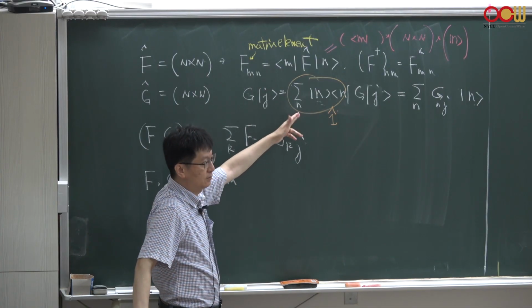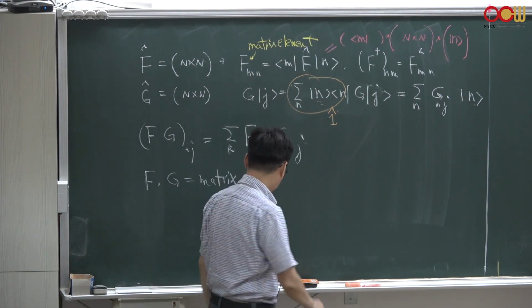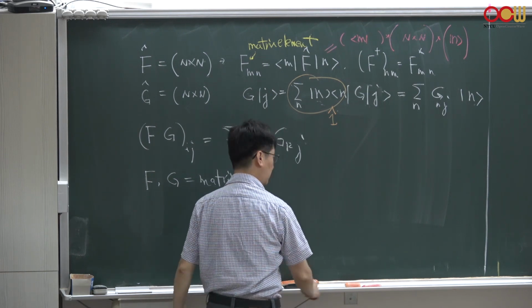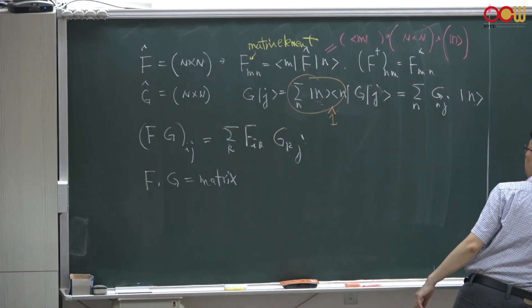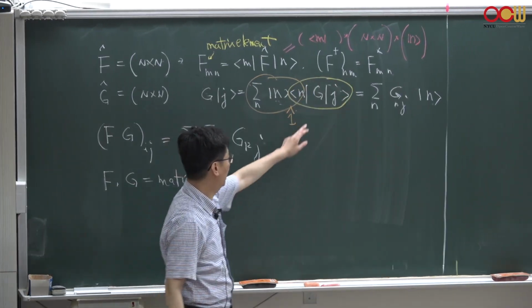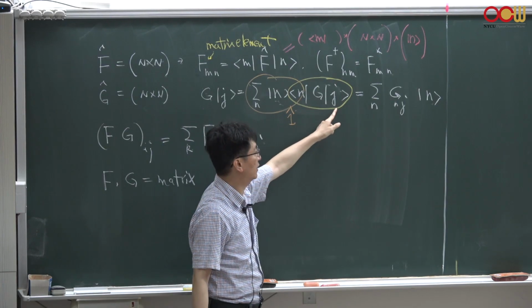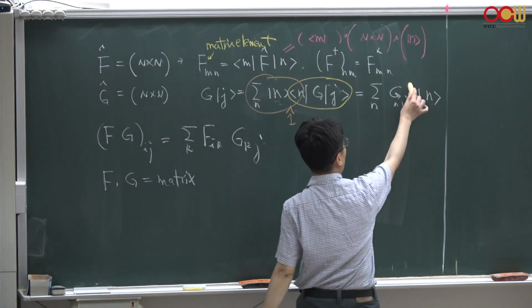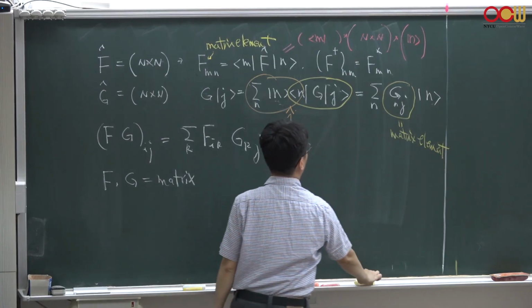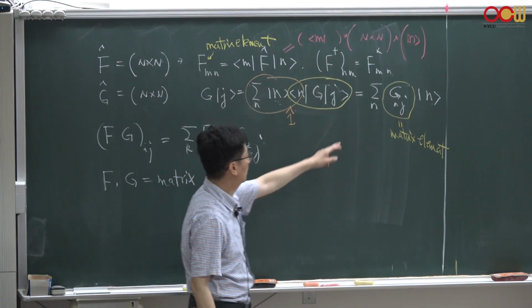Expanding in terms of a complete set of bases n leads us to this matrix element representation of the operation, where you simply define G sandwiched between the bra state n and the ket state j as this matrix element, times the ket state n, and you sum over n.